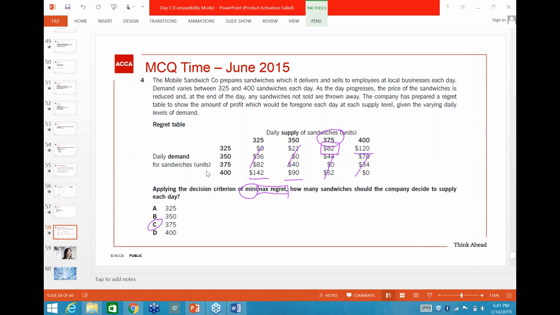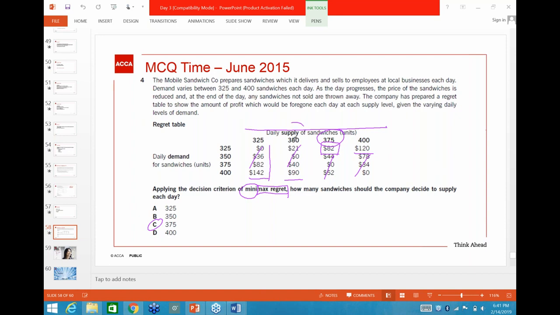Easy way to identify what the outcome is. Should you take the highest vertically or horizontally? That depends on how the question is structured.